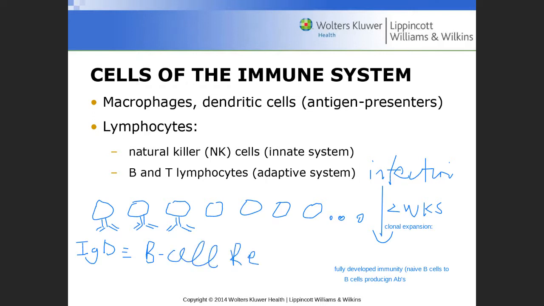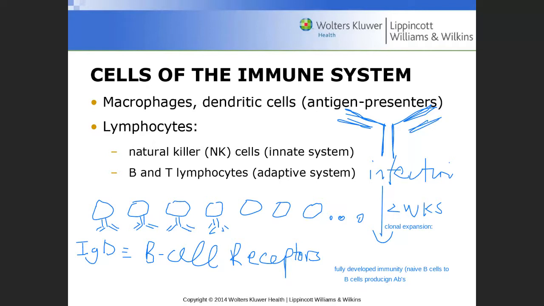These receptors are on the surface of the B cells. I'm just going to draw one of them, but there are many, because every immunoglobulin has two heavy chains, this is one heavy chain, here's another heavy chain, and this is a light chain, and this is a light chain.